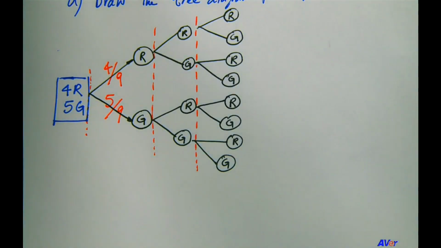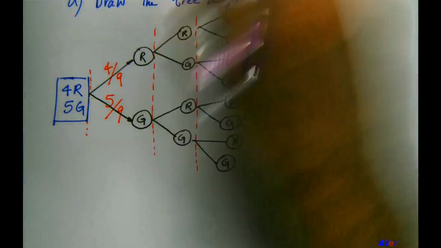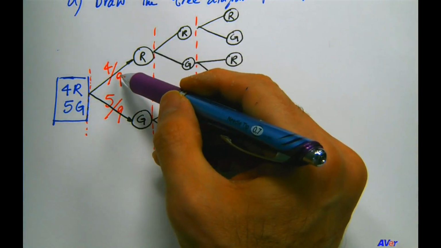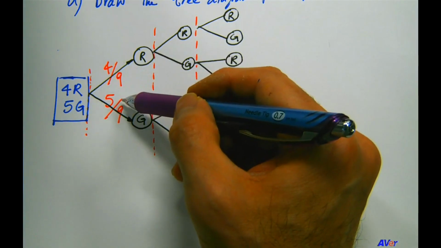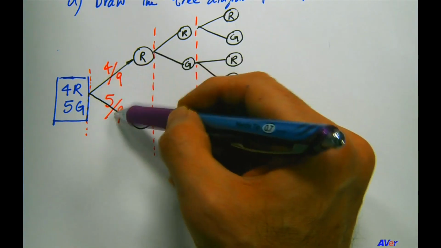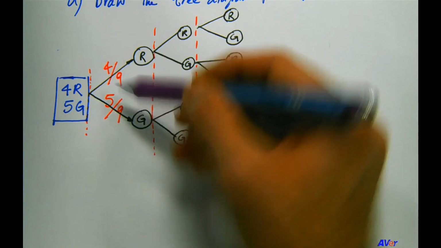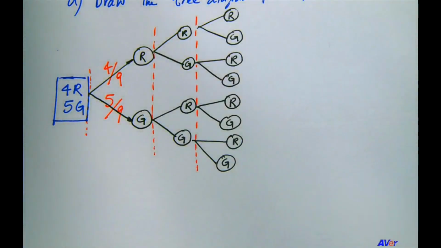One thing you'll notice quickly is that for each pair of these branches, if you're doing it right, if you add these probabilities, you're always going to get 1. So 4/9 plus 5/9 is 9/9, which is 1. And that's true for all these pairs, if you're doing it right.